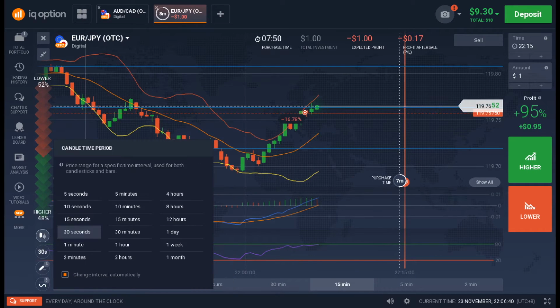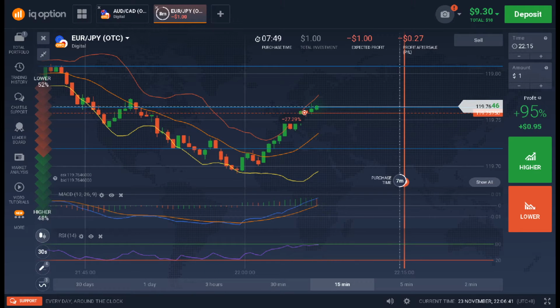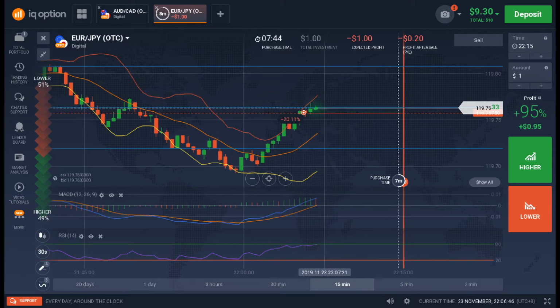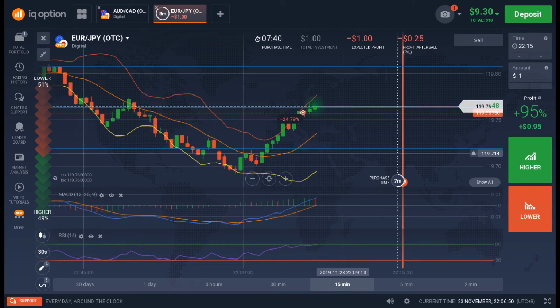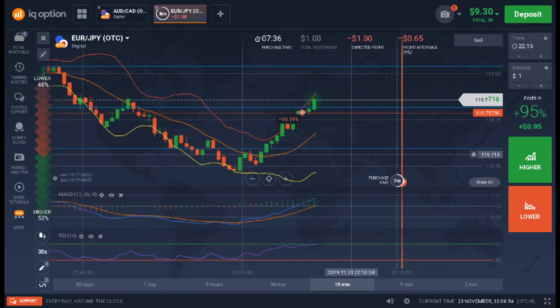There's no draw option here. Sweet. This area now is somehow having a difficult time to go up.